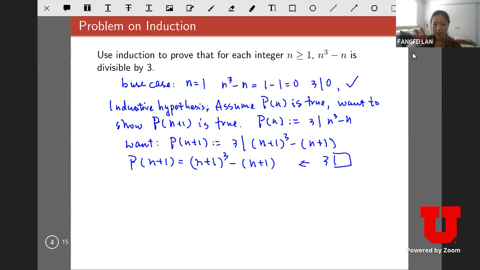If we're successful, then that means this right here is also divisible by 3. So what do we do? Algebra again. We're just going to open it up. We have n cubed plus 3n squared plus 3n plus 1 minus n minus 1. First step.